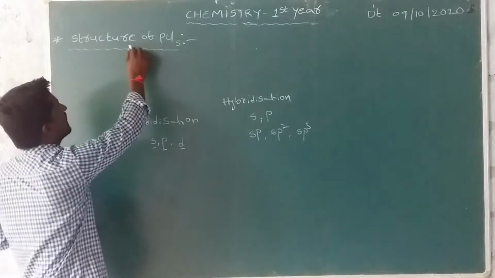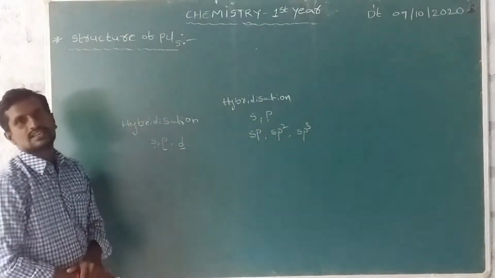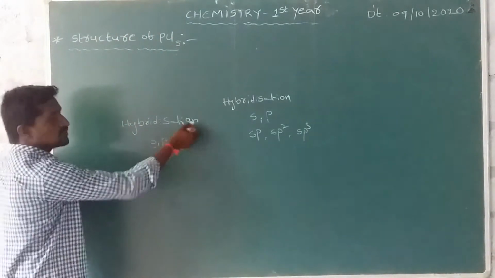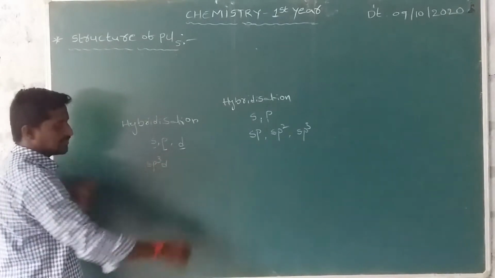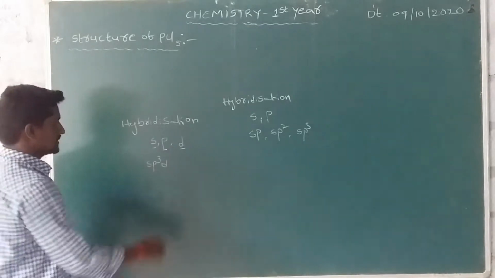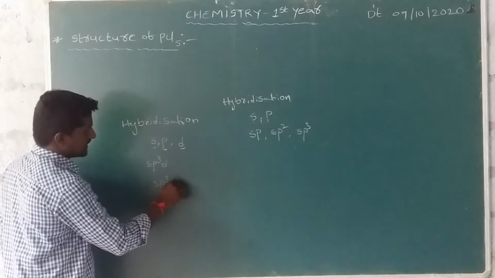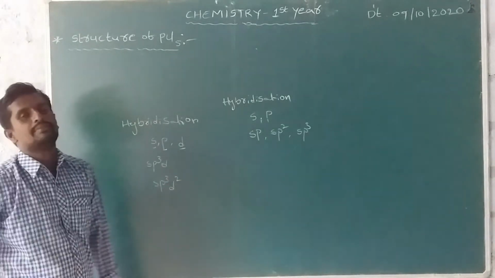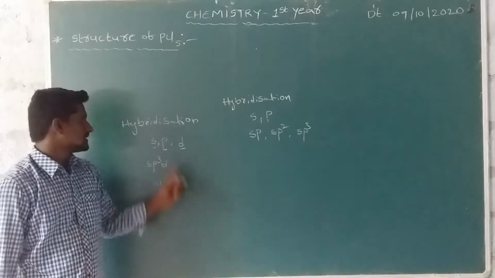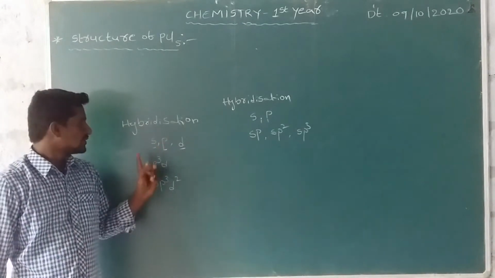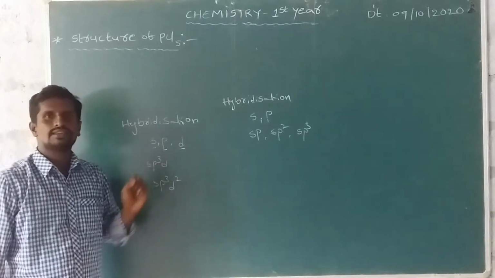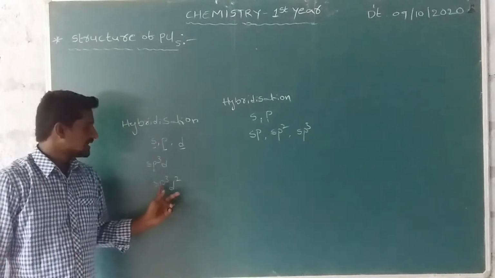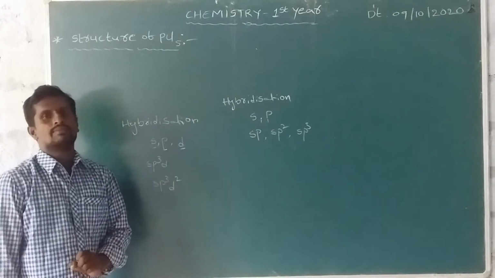These explain the structure of PCl5. There are two types: first sp3d hybridization, second sp3d2 hybridization.